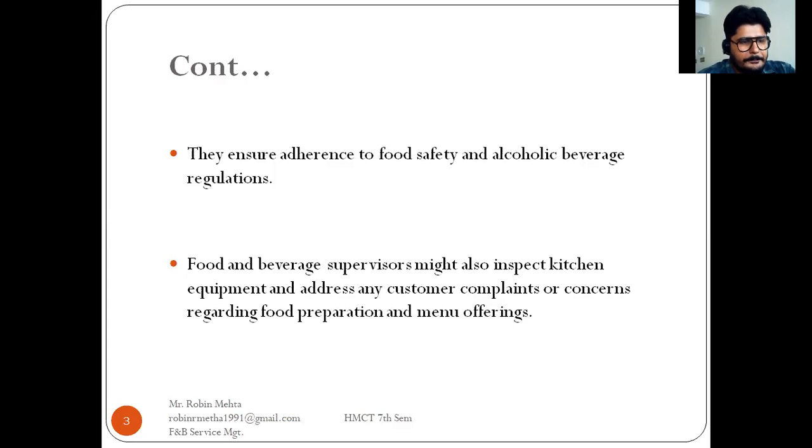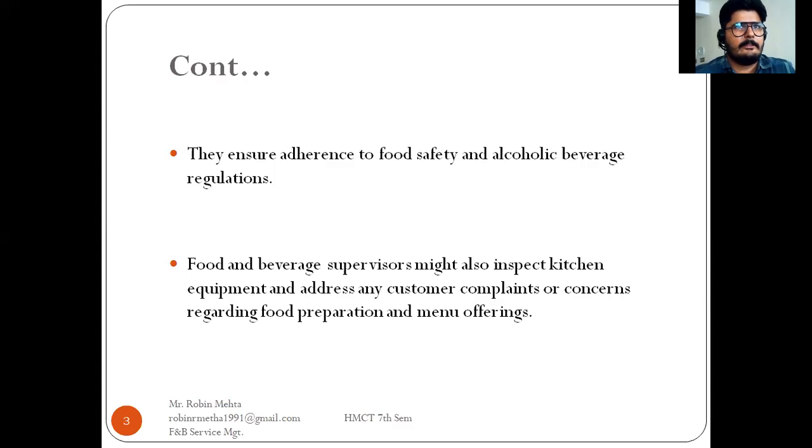Like, the supervisor is not only responsible for planning and preparing the menus of the restaurant. Okay, they also ensure that all the certifications we are having are in place. They are also responsible for inspecting.